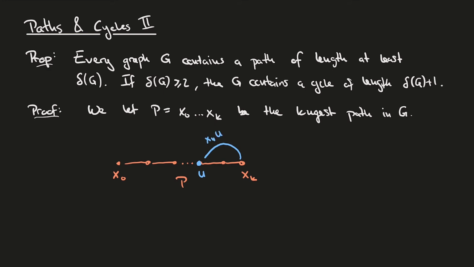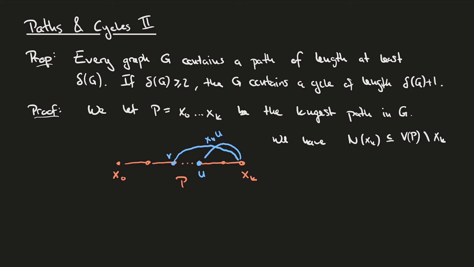Now, the same argument holds for any other vertex that is adjacent to xk. For example, if we have some other vertex v, then if it is adjacent to xk, it needs to lie on the path. Therefore, we have that the neighborhood of xk is a subset of the vertices of P without xk.